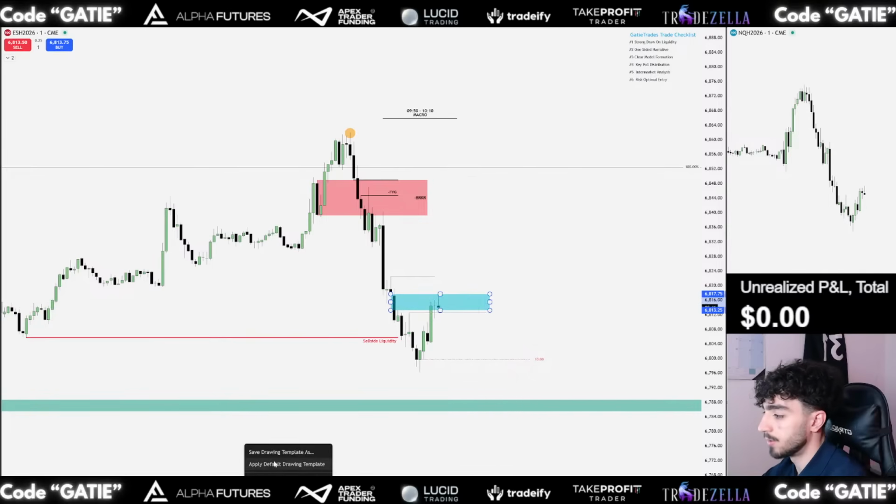I'll mark out this gap here. If we get an inversion here, I'll enter short. Like we'll make a higher high.